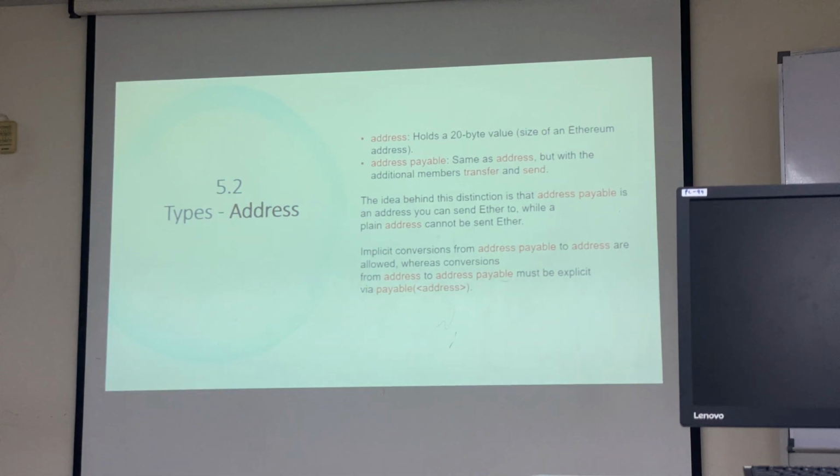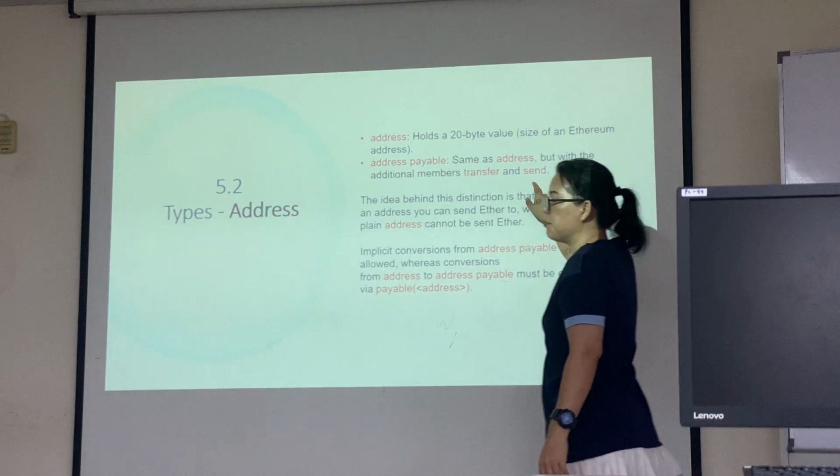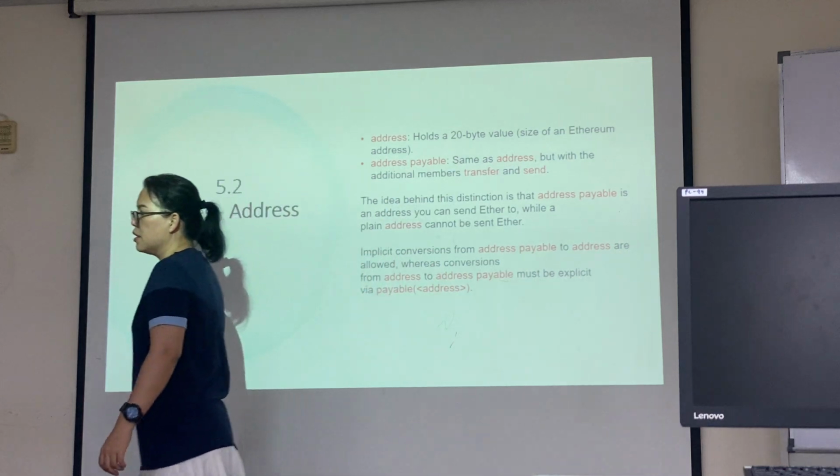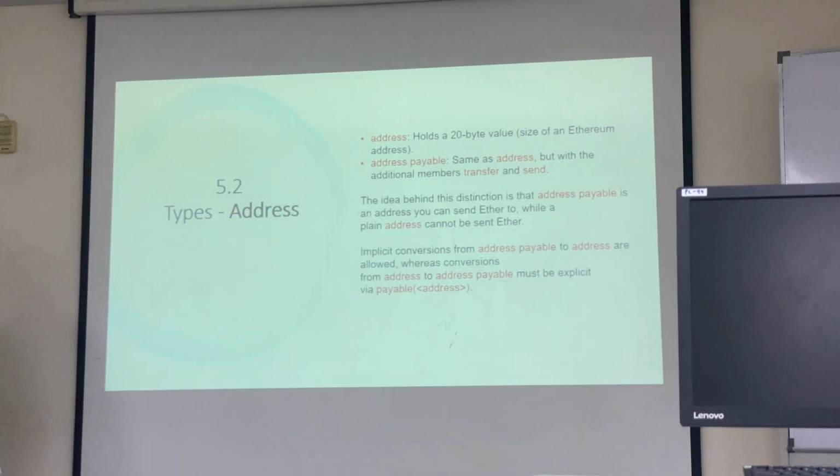Once you have address payable, it means this address can have functions for sending ether. You have additional functions like receiving, sending or transferring ether. So the idea behind this distinction is that address payable is the address that you can send ether to, while the plain address cannot receive ether.